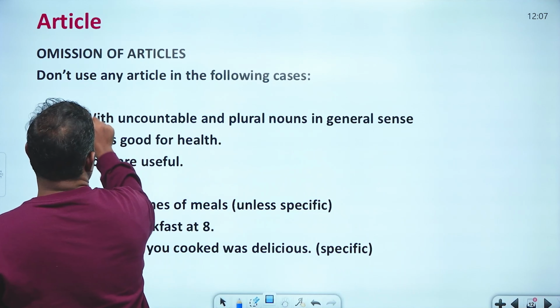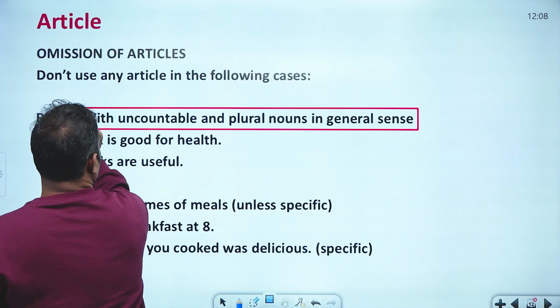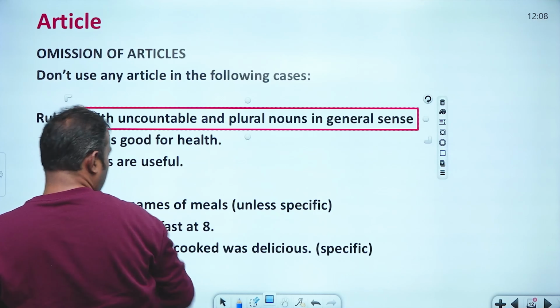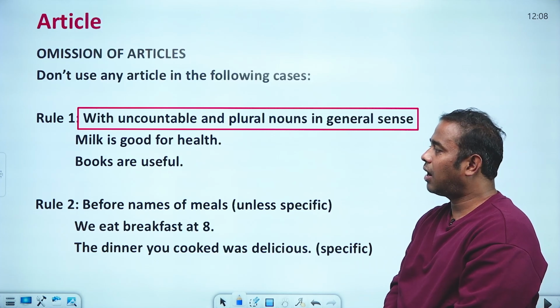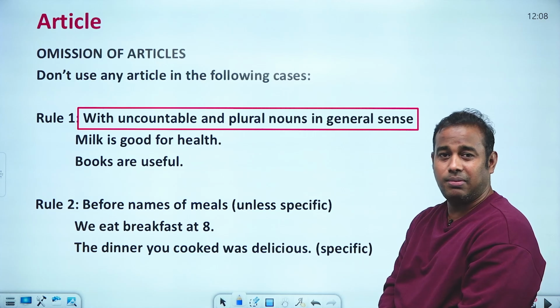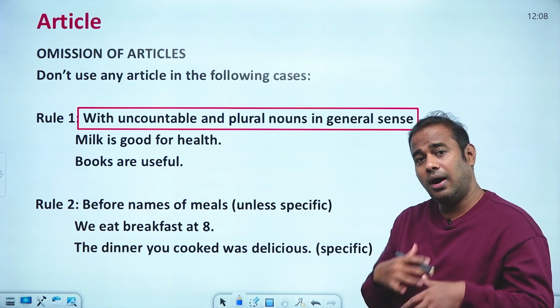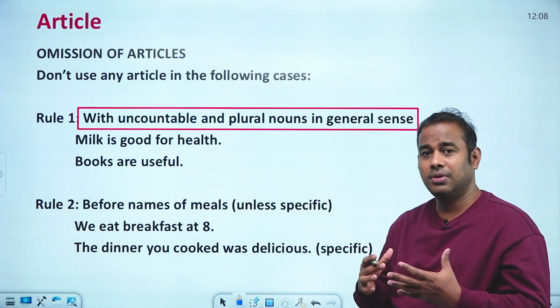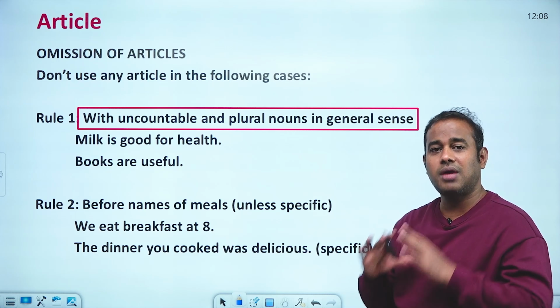Okay, so the first rule is with uncountable and plural nouns in a general sense. Okay, so you cannot say "the milk is good" when talking about milk in general. You are talking about all the time, every time, in a general sense. Normally, okay?